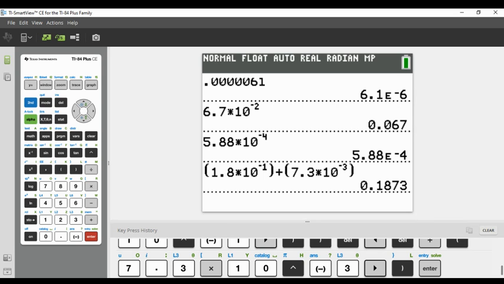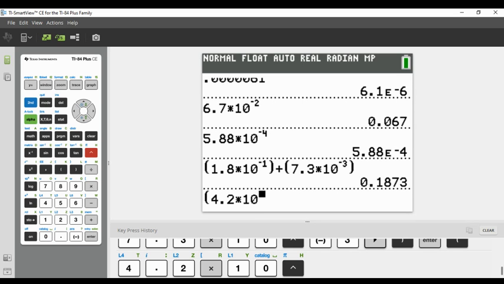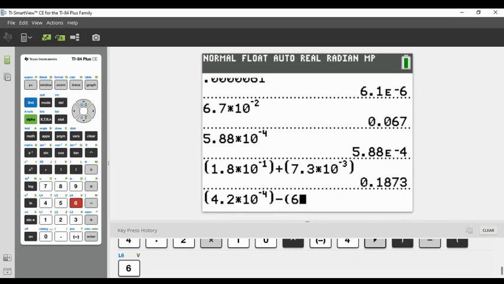Another one, number 22 here, and I'm using parentheses, 4.2 times 10 to the negative 4, and move off to close my parentheses. And this one's a minus this time. 6.8 in parentheses times 10 to the negative 5.